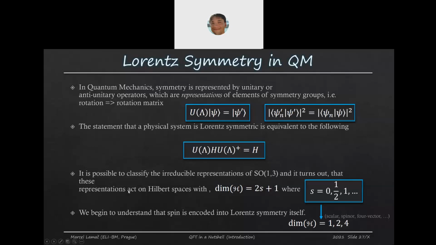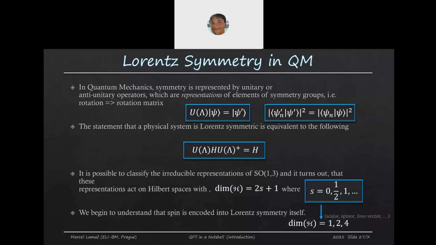So it turns out that it is possible to classify the irreducible representations. Once again, we said that the representations of the Lorentz transformations have to be infinite dimensional; there's a theorem that says that.